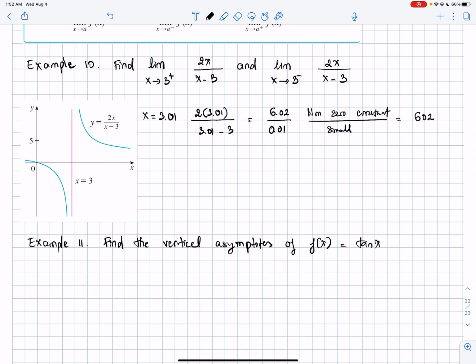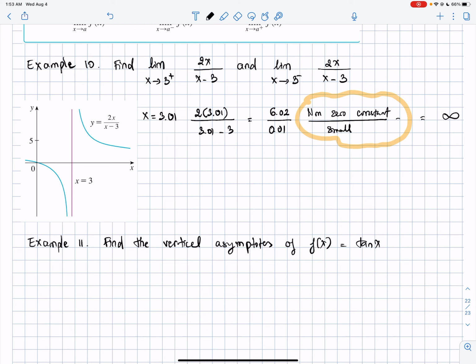Okay, so we are just plugging in a number to check, but what if x is 3.0001? Imagine that if you plug it in, it will be 602,000. So in the future, we are not supposed to plug in numbers like that. You can say a non-zero constant divided by a very, very small number will give us infinity.